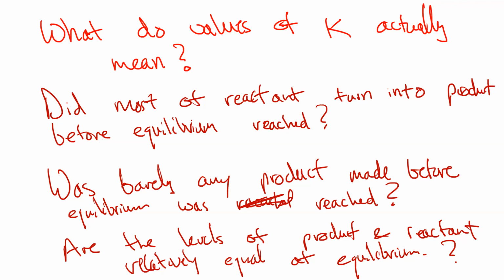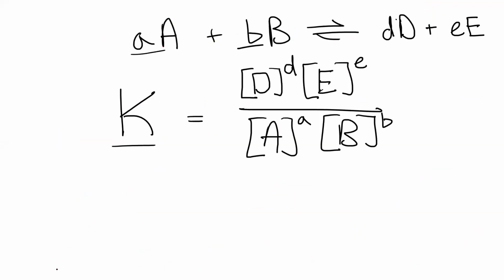No matter what, whether you have a really complicated K expression or a really simple one, K can always be said to be approximately equal to the concentration of the products over the concentration of reactants. It's very, very roughly equal to that. Does that make sense? Because that's literally what it is. You've got the products on the top, the reactants on the bottom.